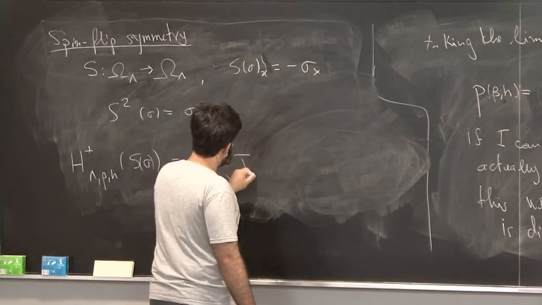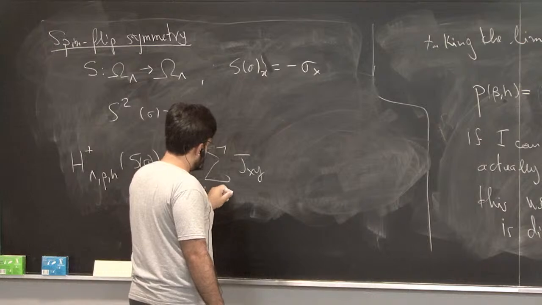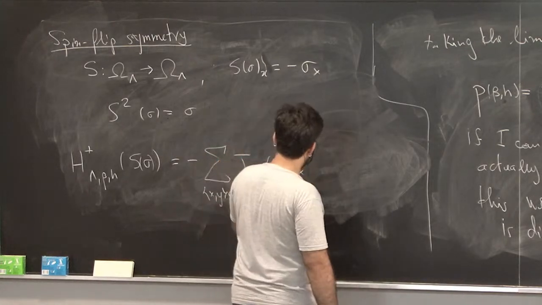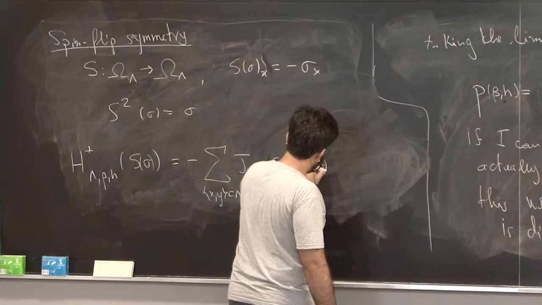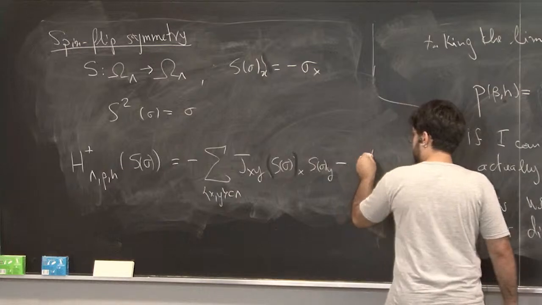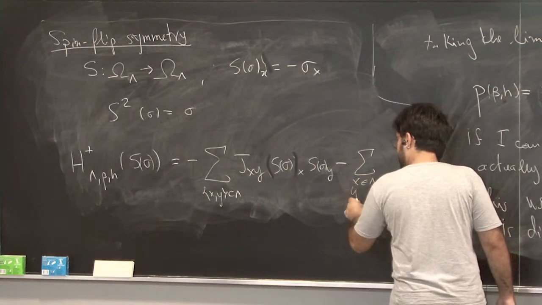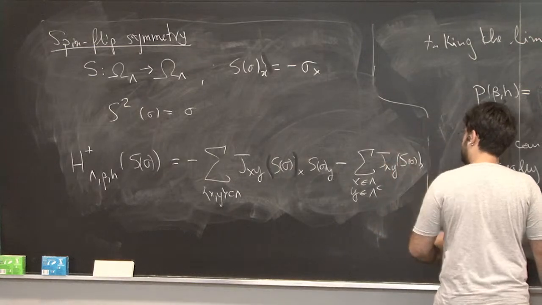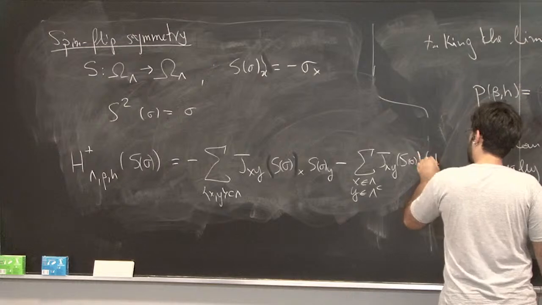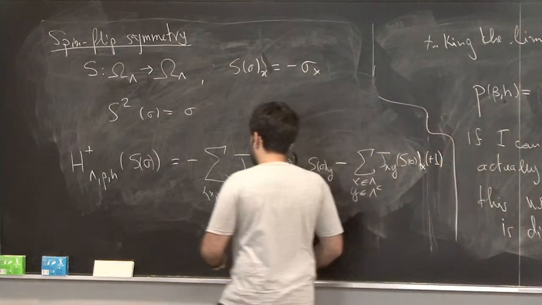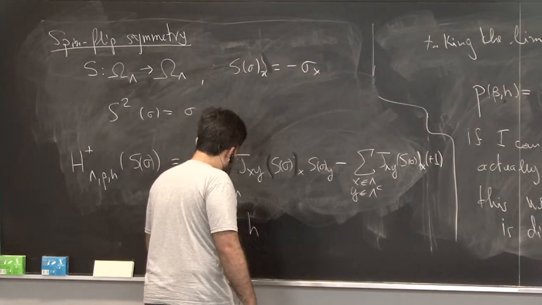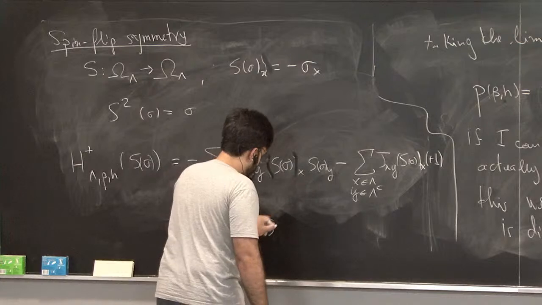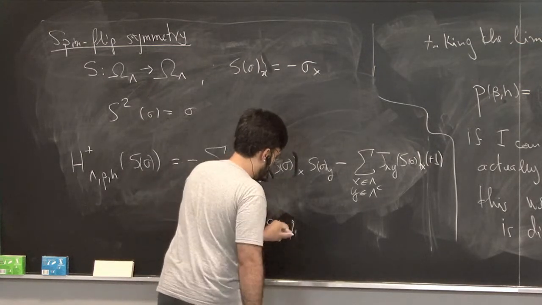Remember the expression will be minus the sum of J_xy times the product of these two spins S sigma x and S sigma y, minus the sum over x inside lambda and y outside of J_xy S sigma x times plus 1, minus the sum over all x inside lambda of h times S sigma x.